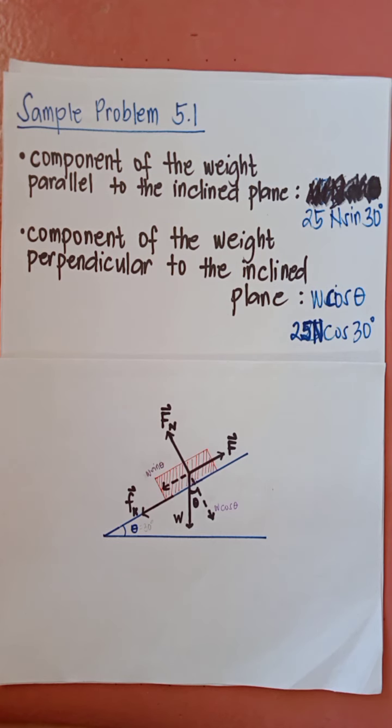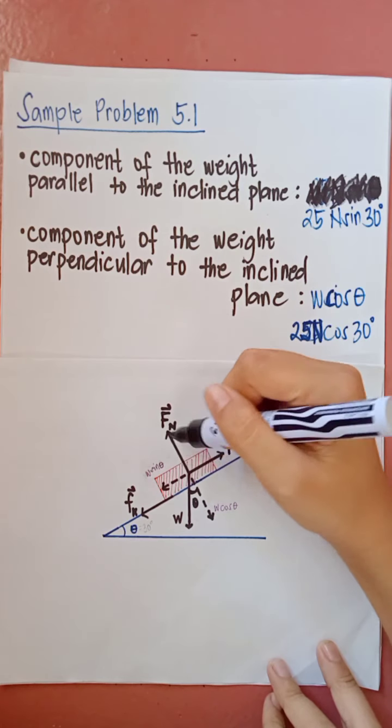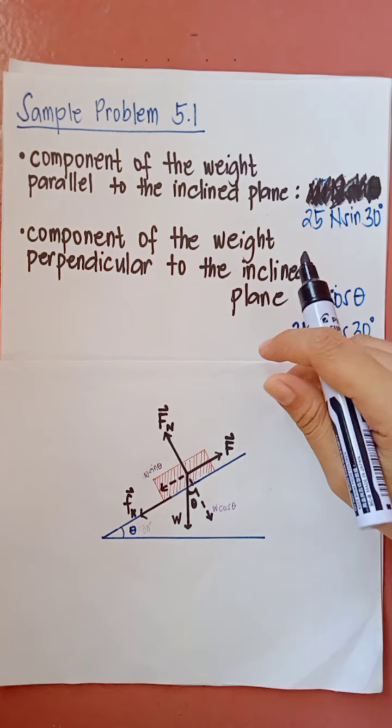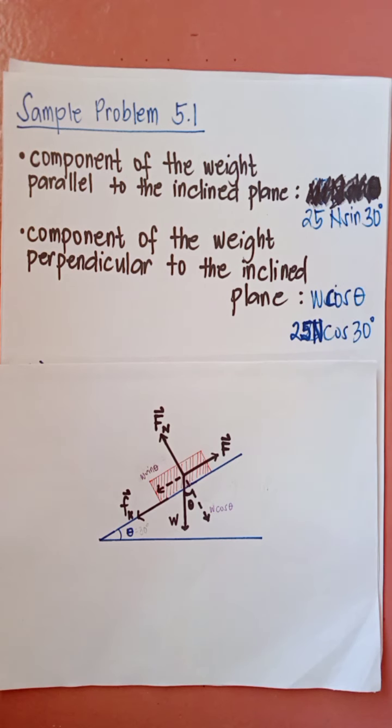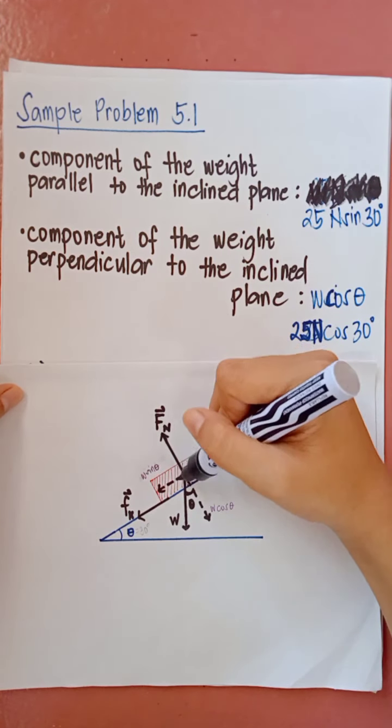Next, we have the normal force. Normal force is a force acting on an object perpendicular to the plane. So we have this one, F sub n.